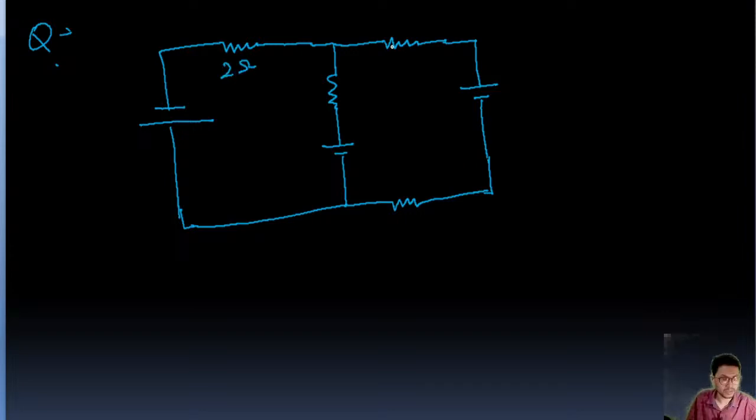This is 3 ohm. This is 5 volt. This is 20 volt. This is 10 volt. And this is 3 ohm, 3 ohm. There is one more resistance here. And this is 3 ohm.